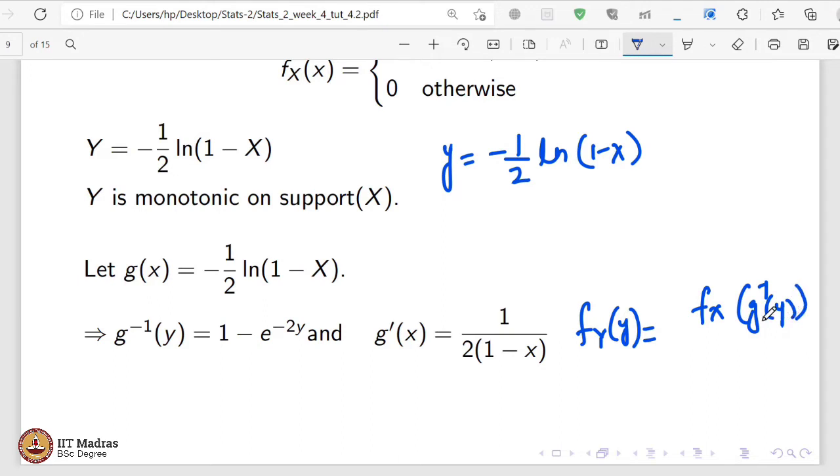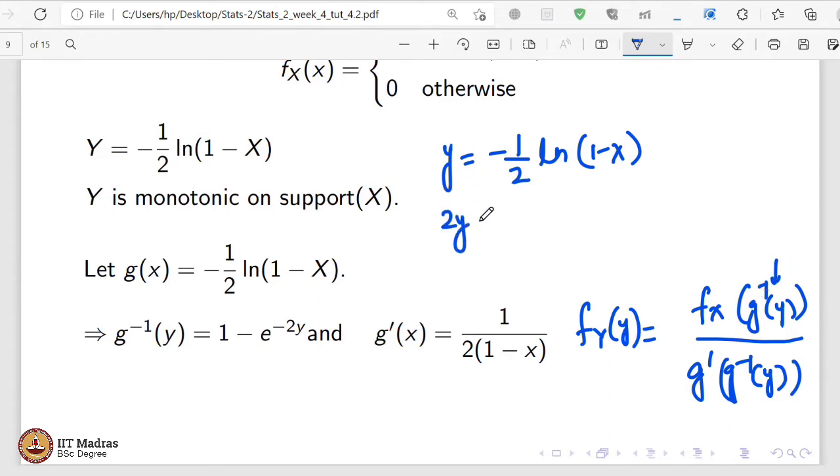The numerator is of no use, because fx is 1, so it is not a function of x, and we don't have to replace anything, because here it will be 1 directly. In the denominator it will be g dash of g inverse of y. So we have to calculate g dash of x, and everywhere in place of x we have to put g inverse of y. So we will just calculate g inverse of y first.